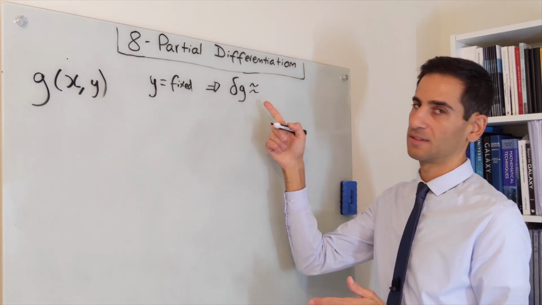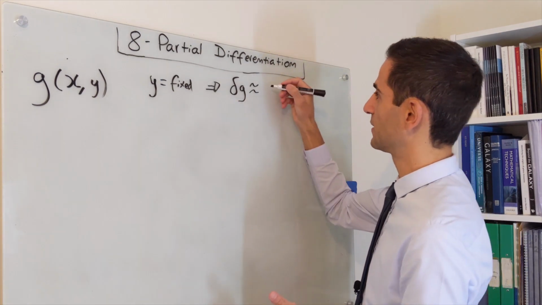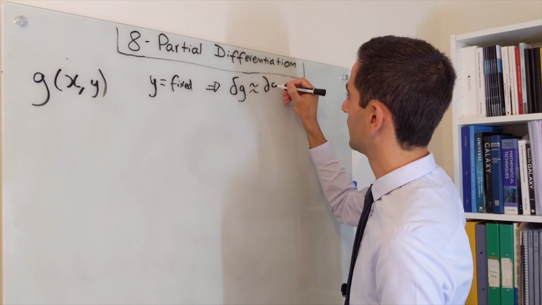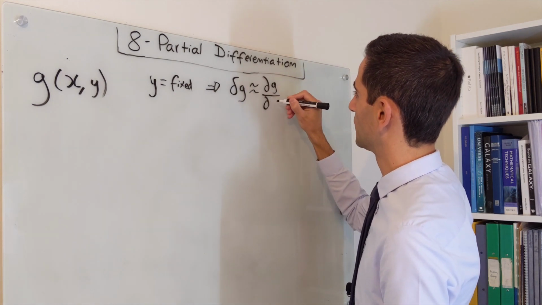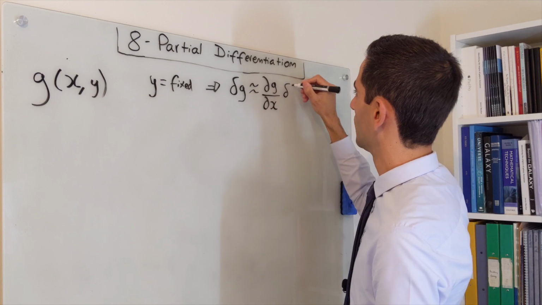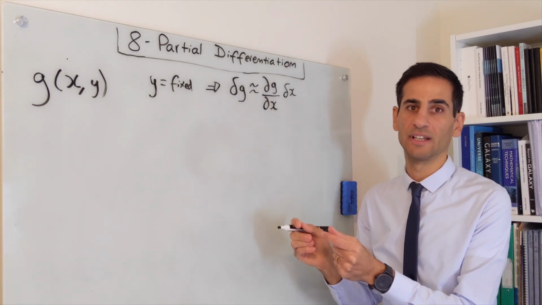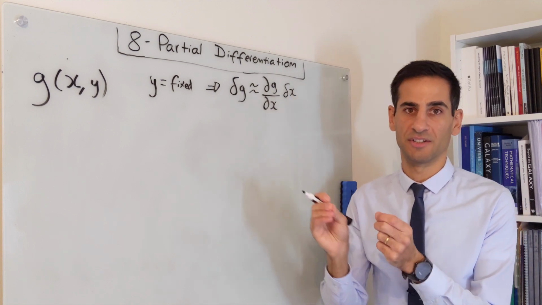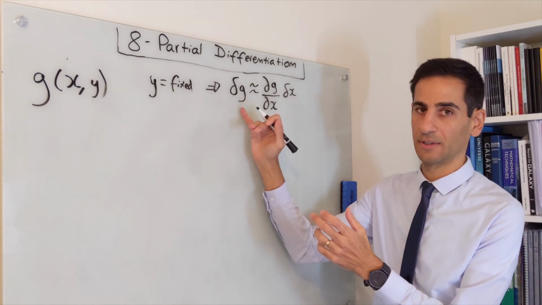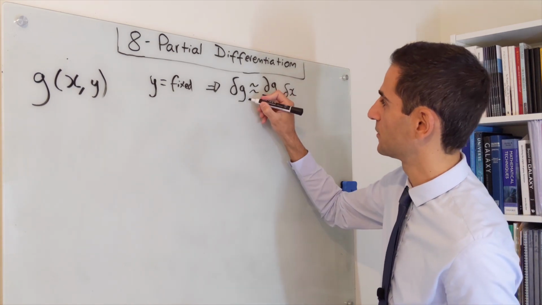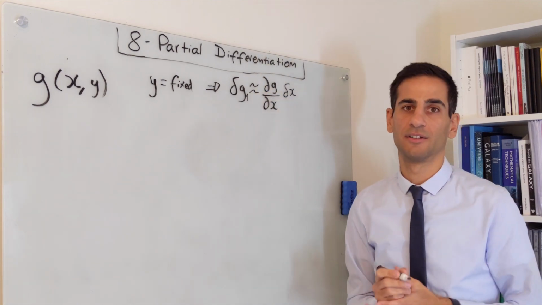This is approximately equal to the partial derivative of g with respect to x, multiplied by the change in x that leads to a corresponding change in g. Let's call this delta g1.